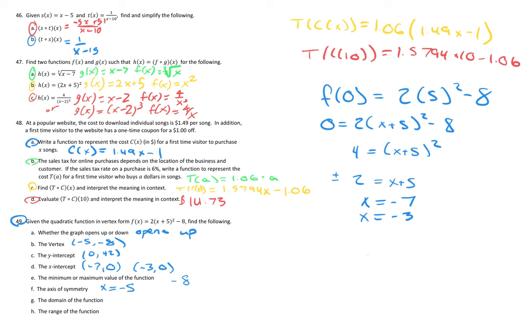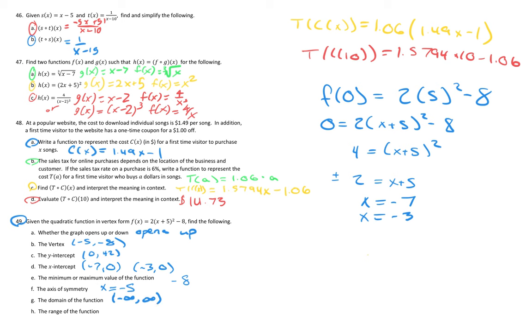For the domain of the function, there's nothing that's going to prevent us from getting a non-real answer or any undefined spots, which means our domain is all real numbers, or we can say -infinity to +infinity.